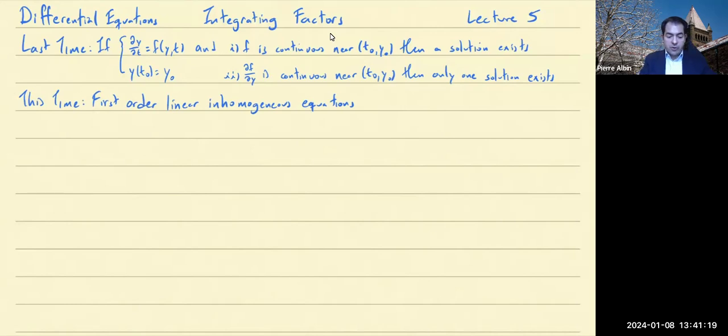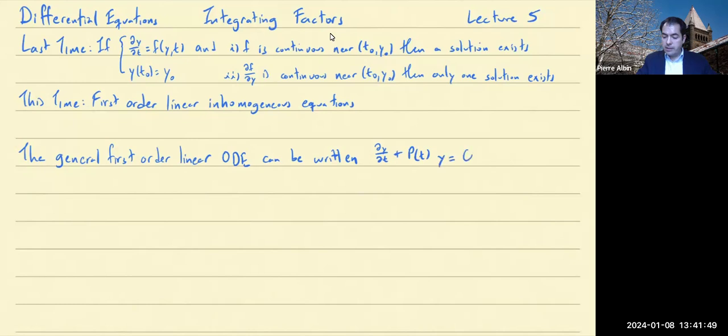Okay, so remember that the general first order linear equation can be written dy by dt plus p of t times y equals q of t, and then with some initial condition, y of t naught equals y naught, right?